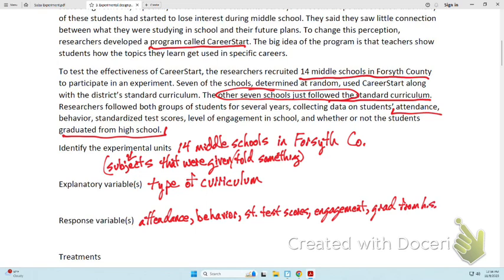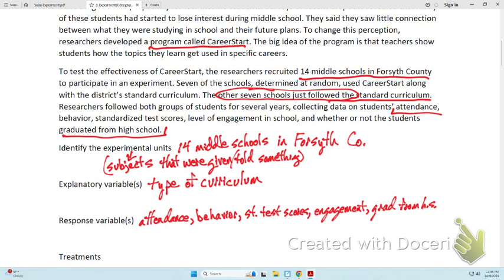Treatments. So many people have a hard time with this. They're just wanting you to list what was given to the middle schools. So many times it's a new treatment and a control, like nothing has changed. But you still need to list that as what the other group used. So yes, I realize that the standard curriculum isn't necessarily a treatment.